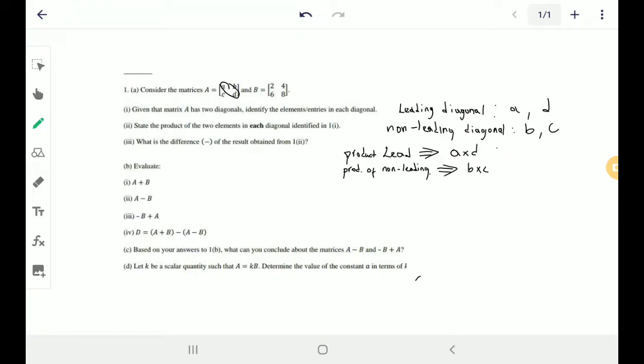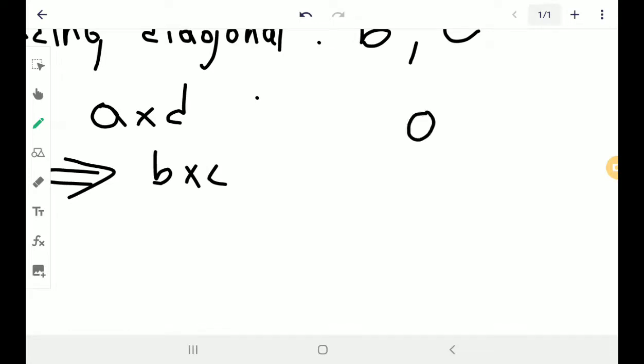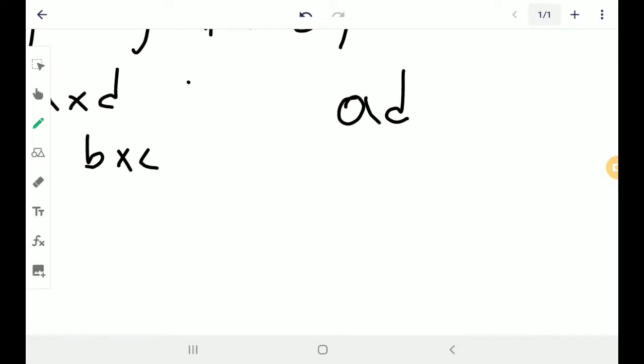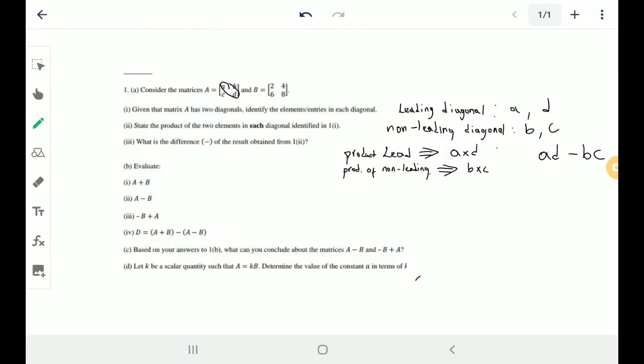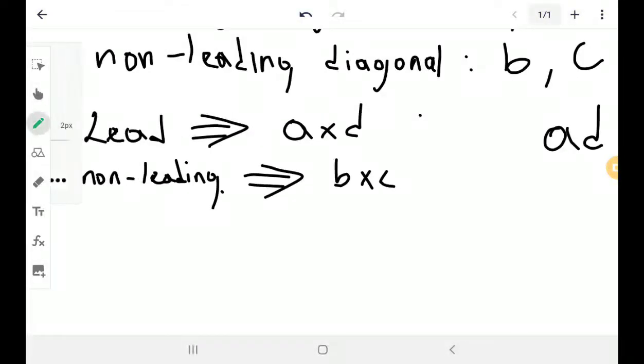What is the difference of the result obtained from this? Okay, what's the difference? The difference is actually AD minus BC. So that would be the product, the difference of the product. Okay? Yeah. So that is for part I.